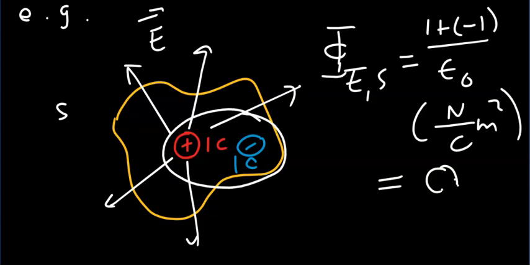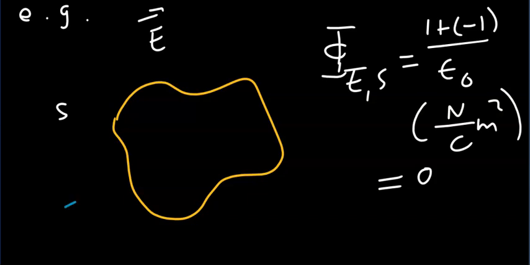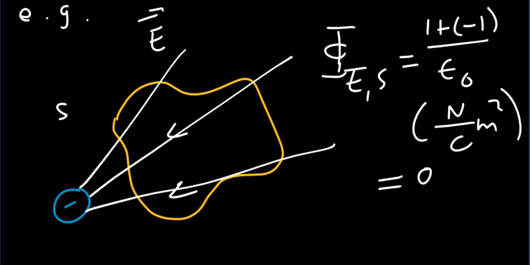And likewise, let's say you have a negative charge outside, or a positive charge outside, with some strength, and it creates, of course, the electric field in the following manner, like that.